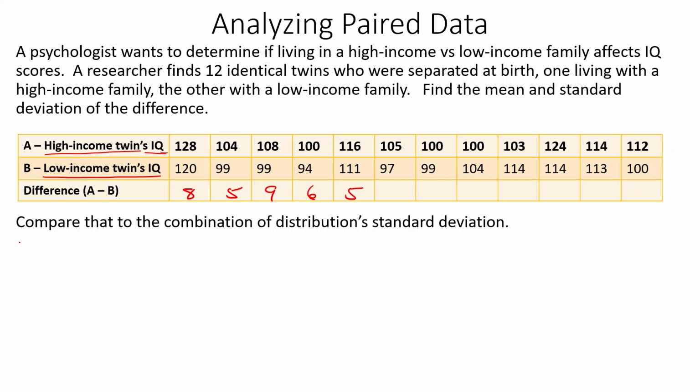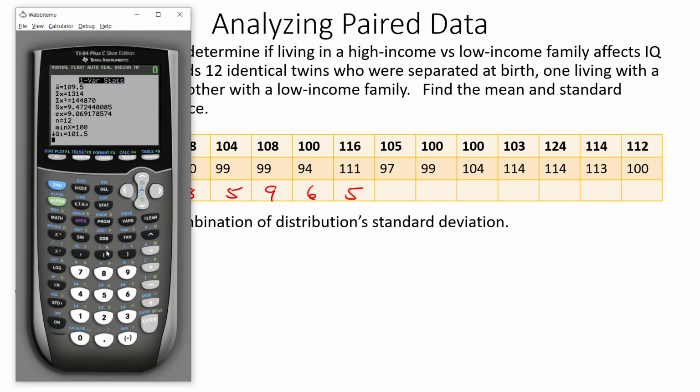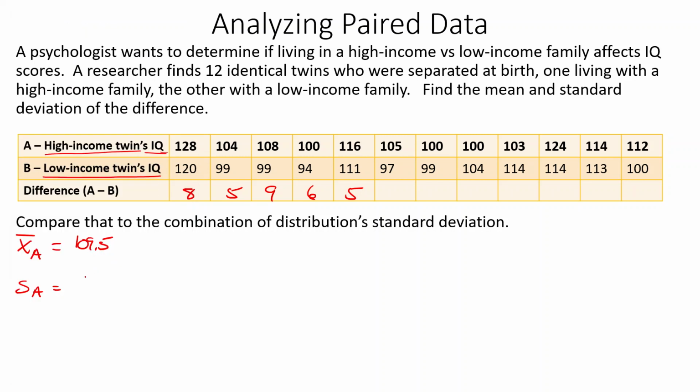So the mean for A and the standard deviation for A are 109.5. That's the average IQ score for the first sample, and 9.47.